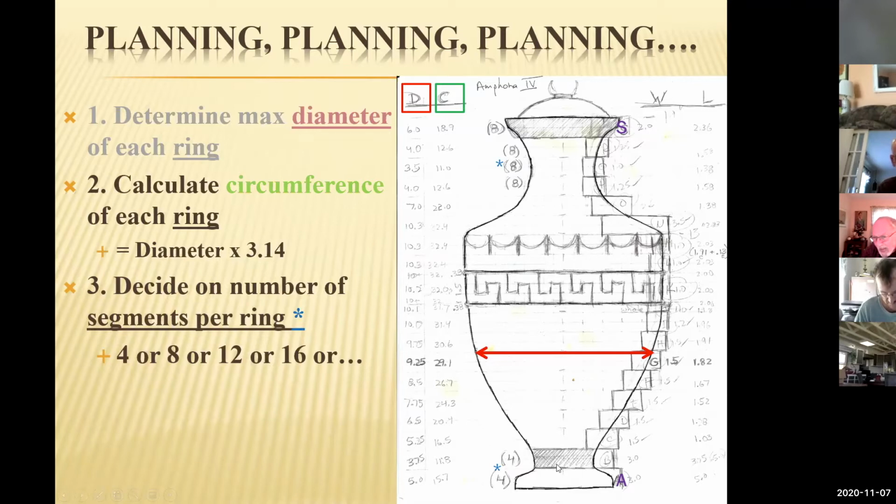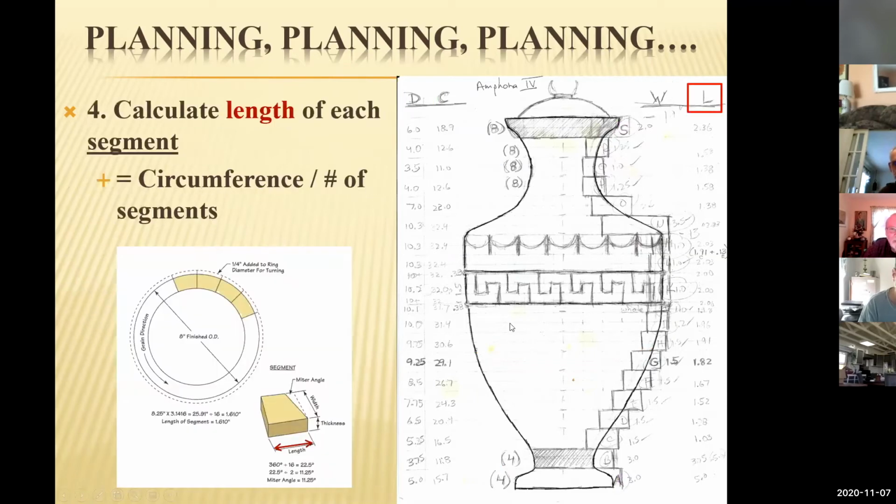Down here at the bottom, where it's the base, the first two rings will not be hollowed. So I just have 4 segments, like 1/4 of a pie, 4 segments. Up here in the neck region where it's real narrow, I use just 8 segments in each of these 4 rings. But all of the rest had 16. So 16 segments per ring.